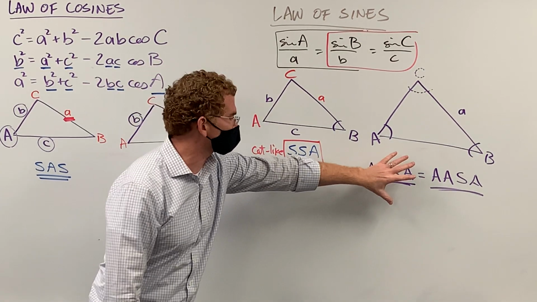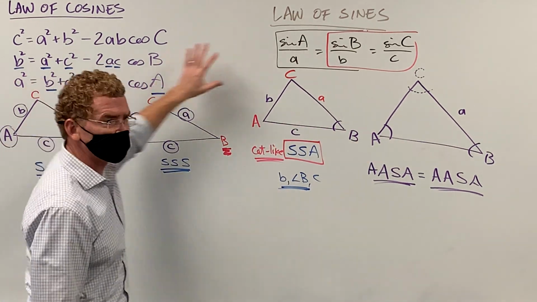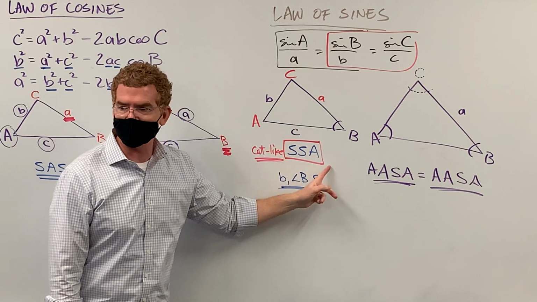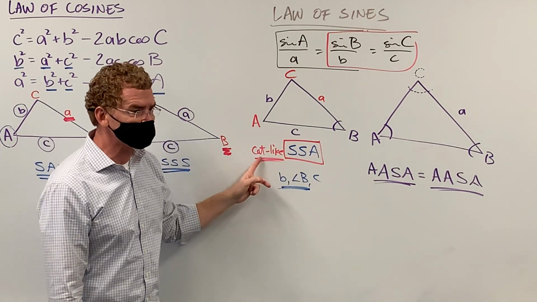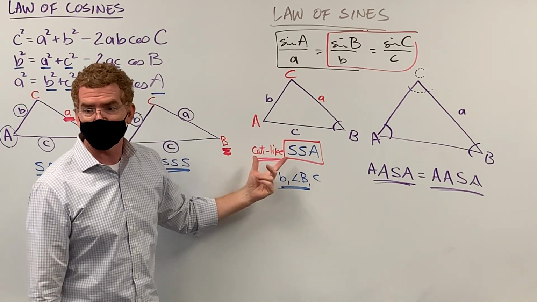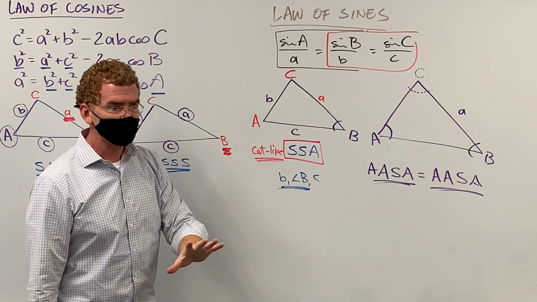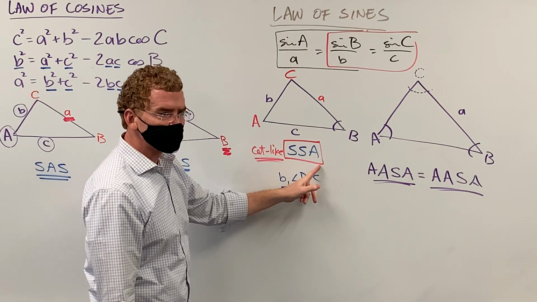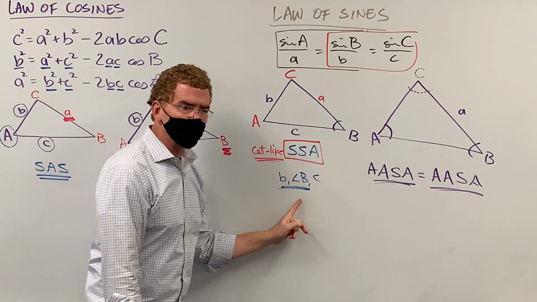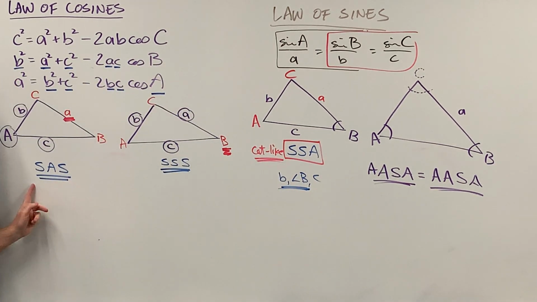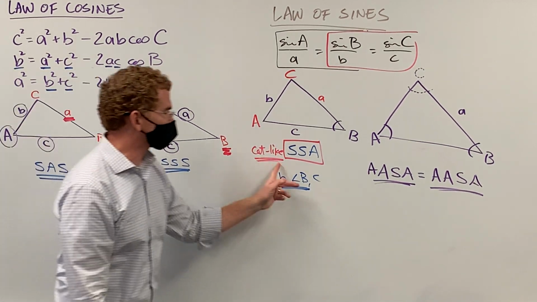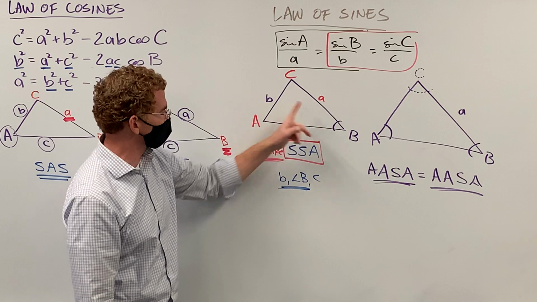All right? Every other situation is very doable. Will not give you issues. But the ambiguous case of SSA, sometimes it's nice, sometimes it's nasty, and you got to be prepared. Are you with me? Okay, now, the way to tell, again, SSA is two sides and an angle, but unlike this two sides and an angle where they don't match letters, these two sides and an angle will have a matching letter.